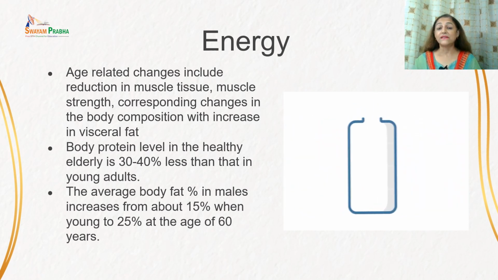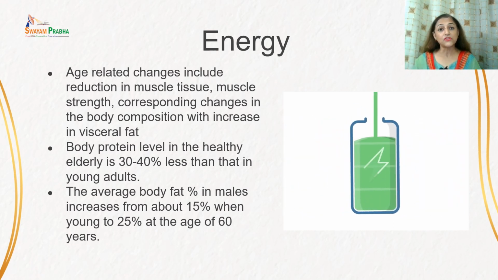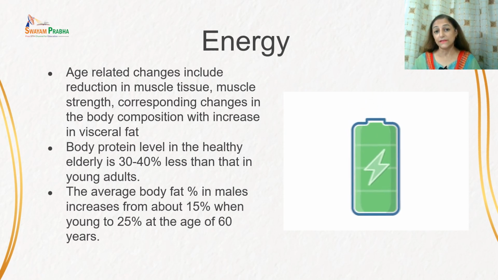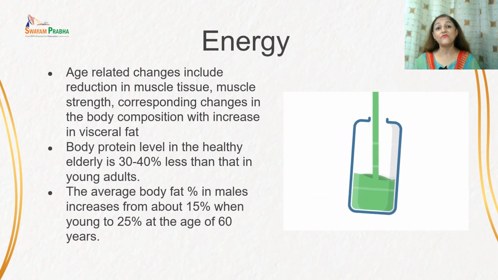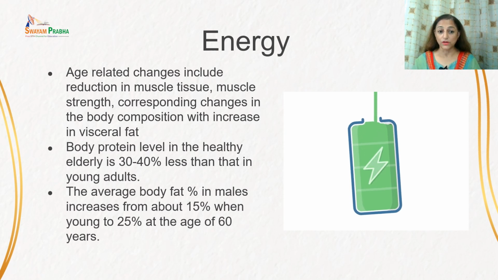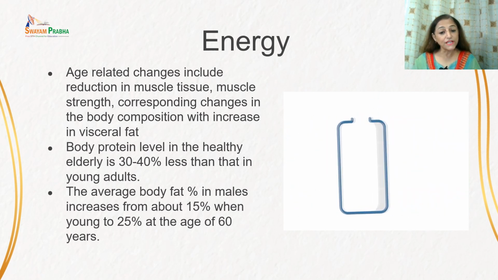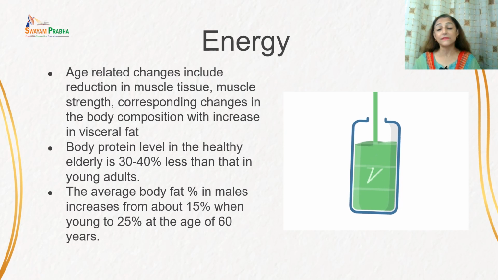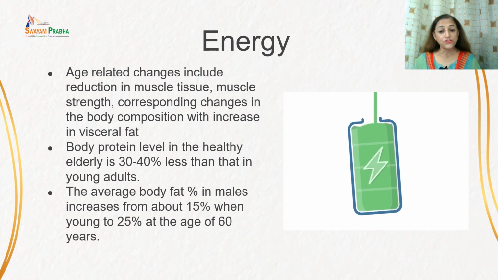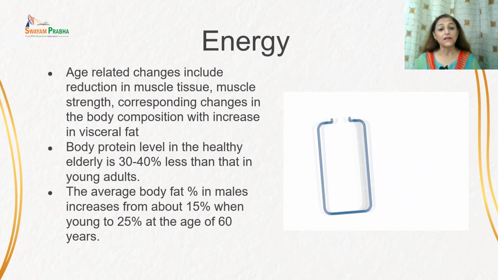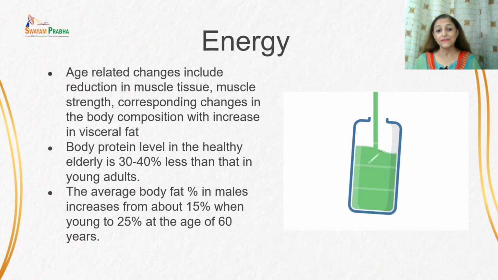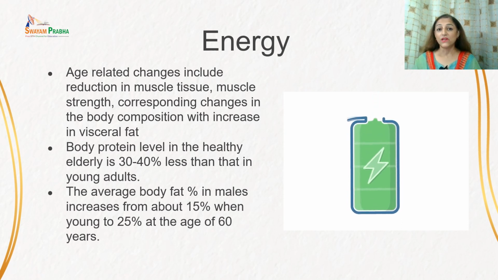Now, visceral fat is the fat which surrounds the internal organs, and this visceral fat affects the functioning of the various organs. Body protein level in the healthy elderly is around 30 to 40% less than that of a younger adult. And if we talk about fat percentage, in males, it increases from about 15% to 25% as the age advances.